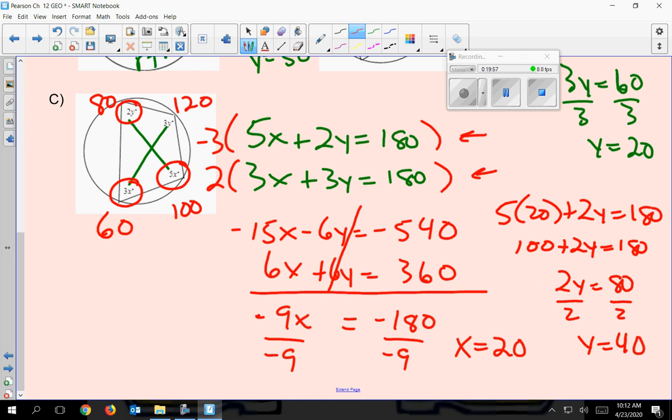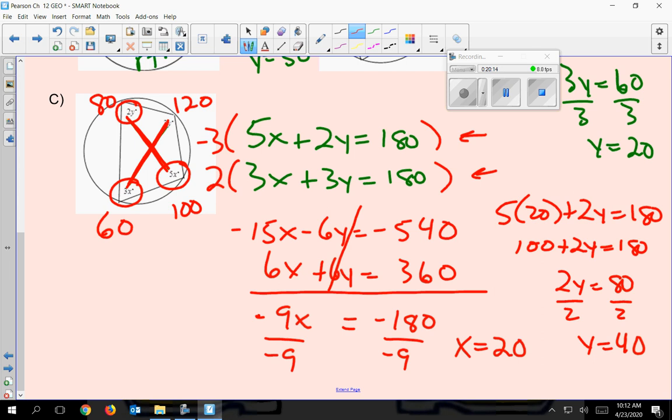So once again, look at your opposite angles. Are they supplementary? 120 and 60 is supplementary. 80 and 100 is supplementary. So therefore, I got the correct values for those two, okay?